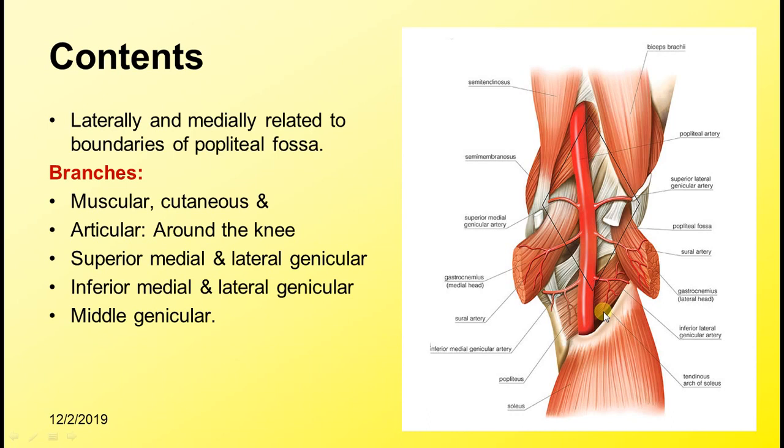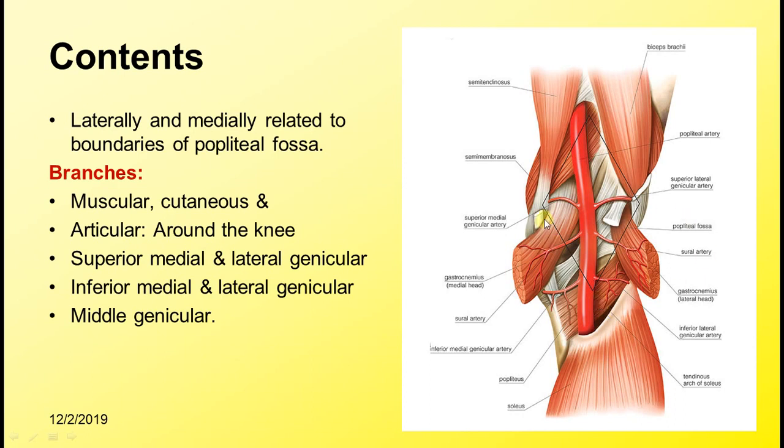So 5 branches: superomedial, inferomedial, superolateral, inferolateral and middle genicular vessels. These are the 5 branches of the popliteal artery.